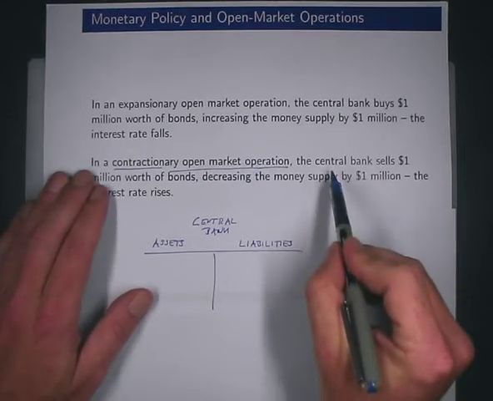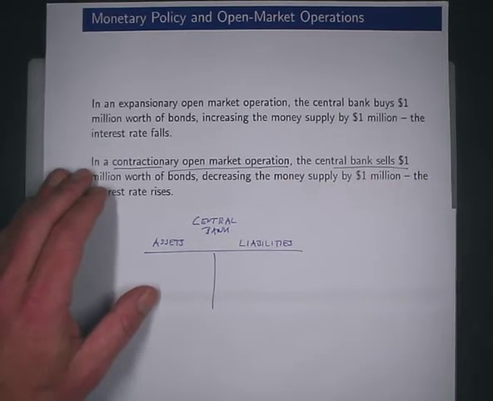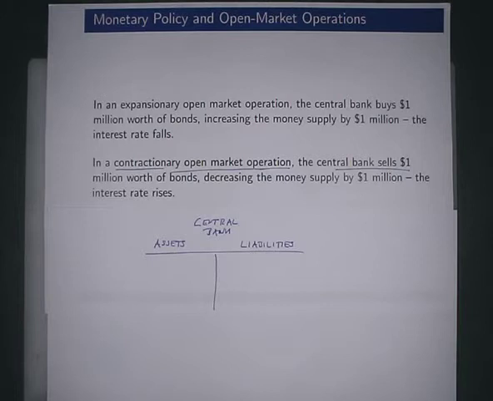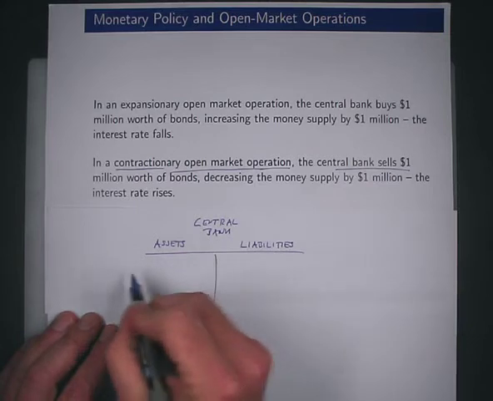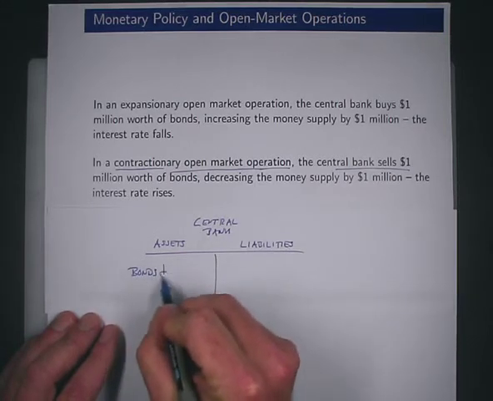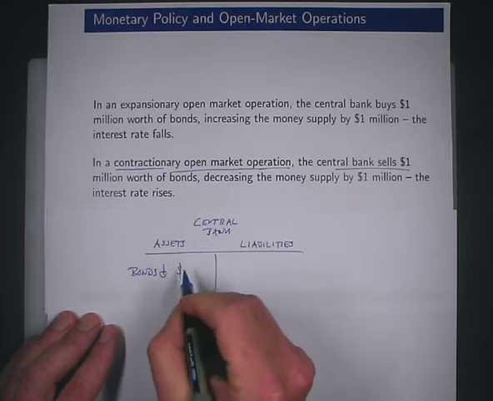So now the bank sells bonds, say in the value of $1 million. Okay, so what happens? So if they sell the bonds, the assets that they have go down by $1 million.